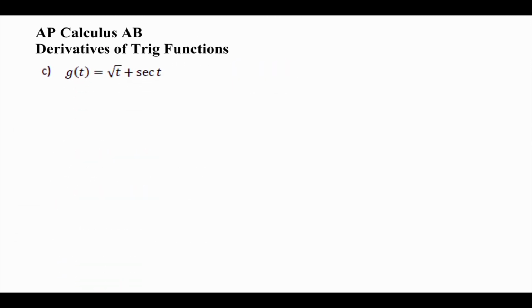All right, here we go. Let's try this guy here, g of t now. They're adding two terms, this guy and this guy, so I'm just going to find the derivative of both of them. Before I do that, I need a power and I need a coefficient.